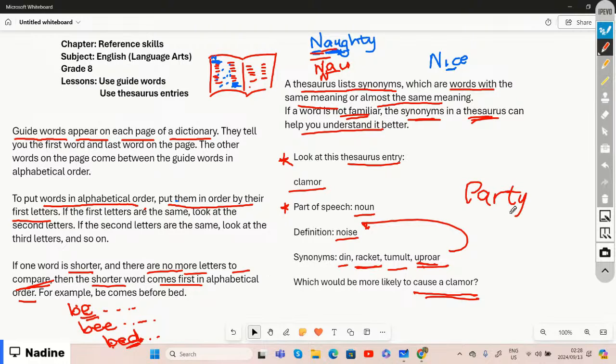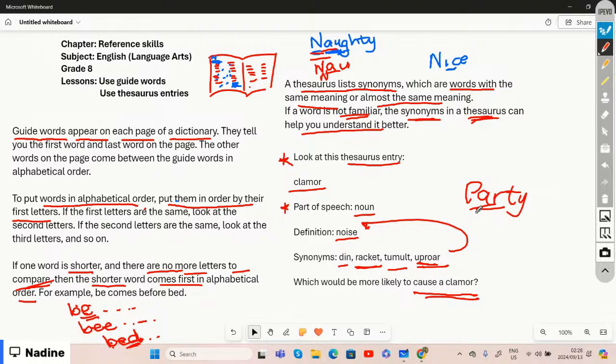Remember, if people are partying and people are indulging in the booze, they are shouting, you are dancing, you are just making an uproar. You are making loud sounds because you are screaming, shouting at the DJ, right?